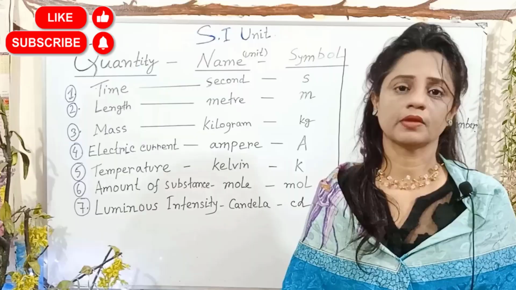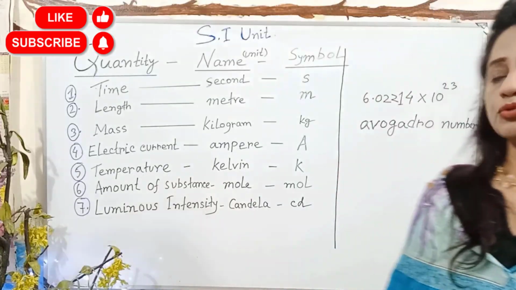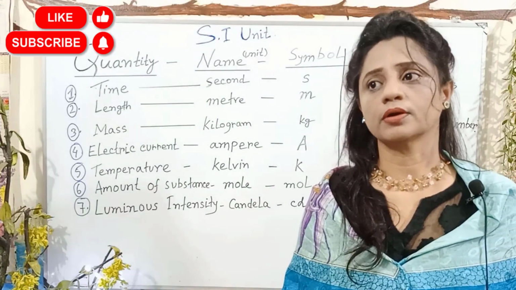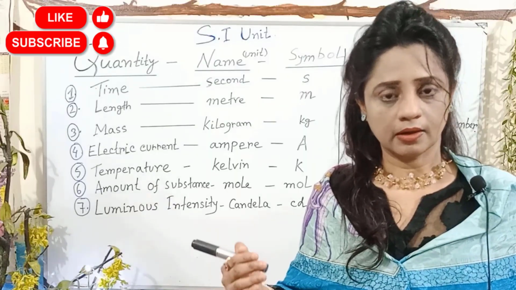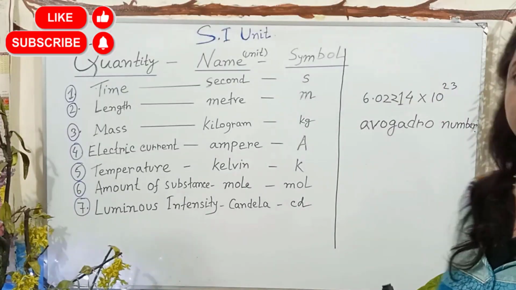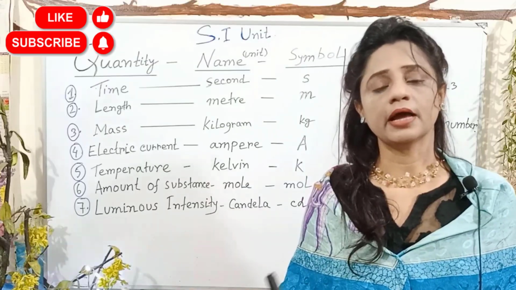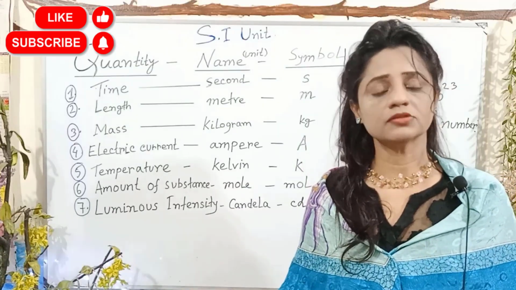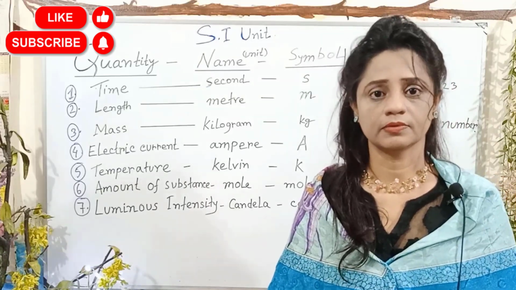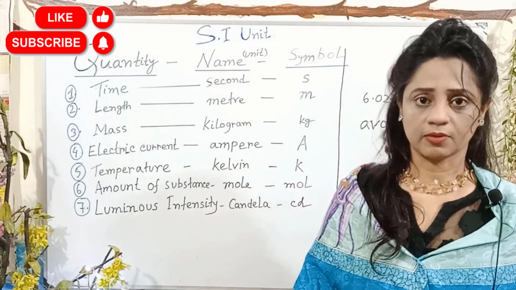Now what is a mole? The amount of substance in which 6.02214 times 10 to the power 23 atoms or molecules, or you can say ions, are present. That amount of ions or atoms is known as 1 mole. For example, the relative atomic mass of carbon is 12 gram.